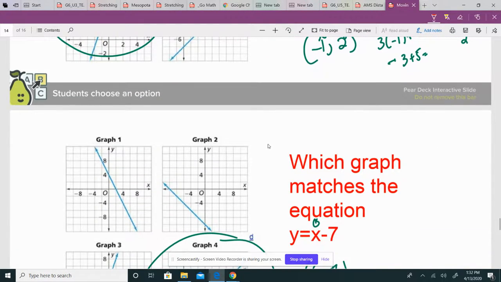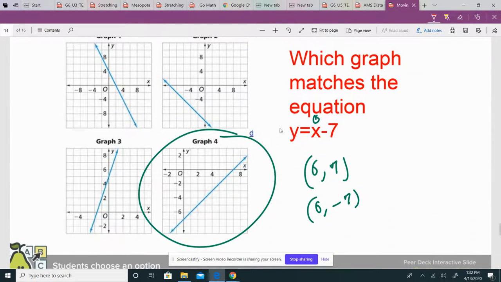The same thing goes here with the equation x minus 7. And so in this particular equation, you're looking at, okay, all right, graph 4. Where is there an actual point that I can look and see? Over, oh, I'm sorry.